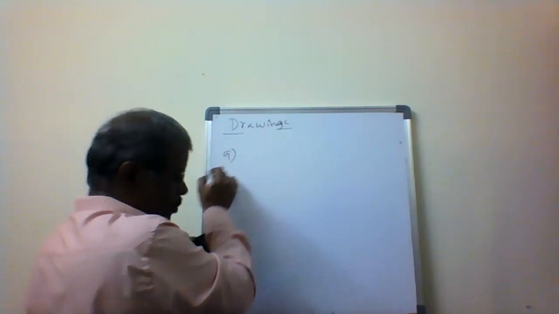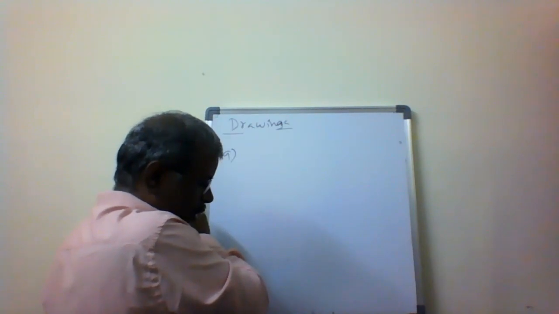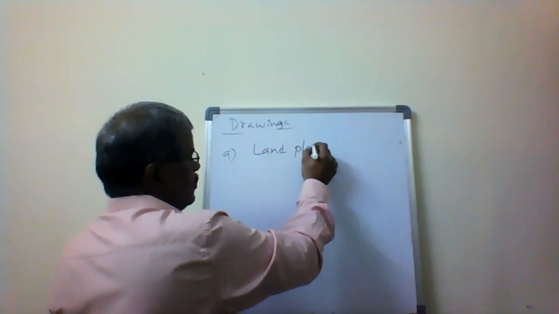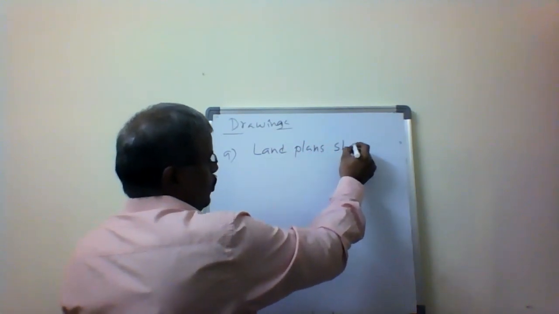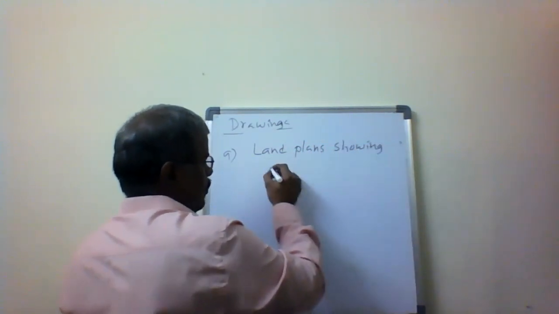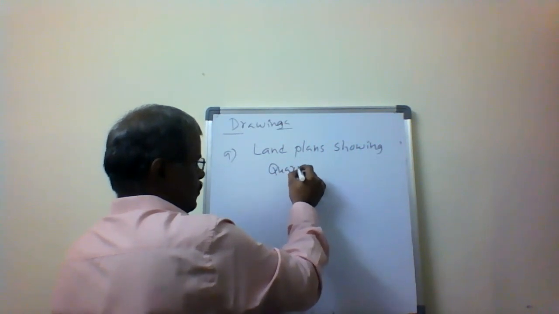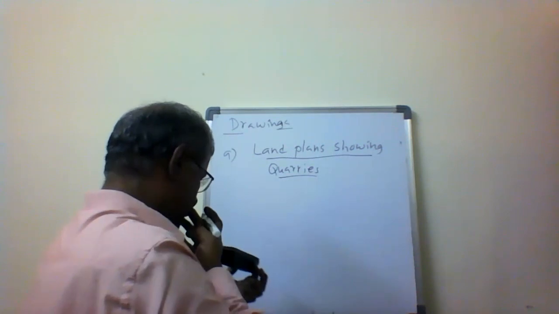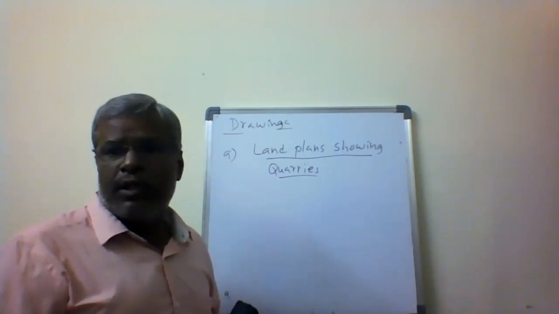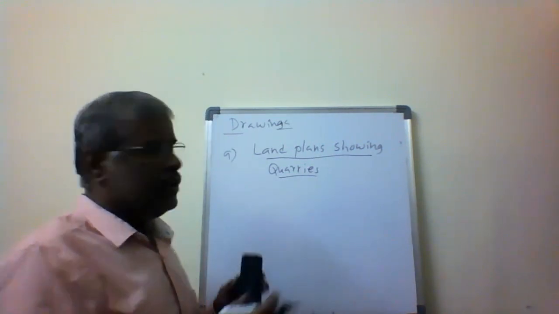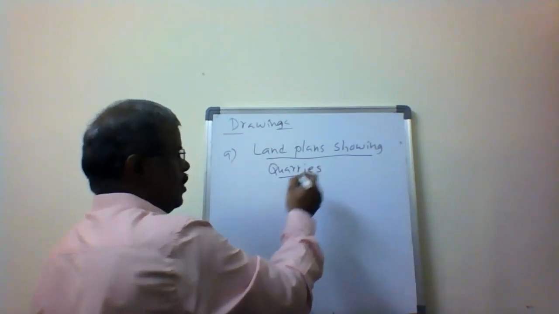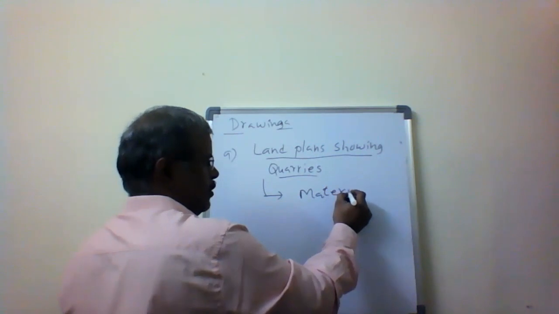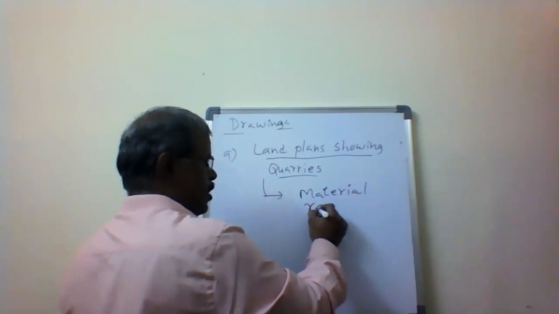The last one is the land plans showing quarries. Quarry means material requirement.